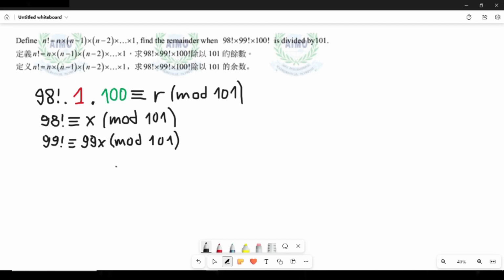We can use the Leibniz theorem now and say that 99 factorial is congruent to 1 modulo 101.